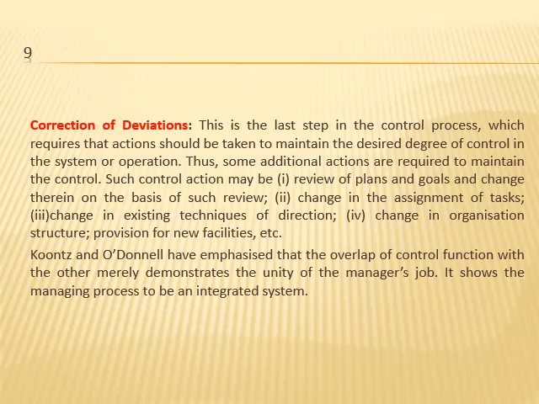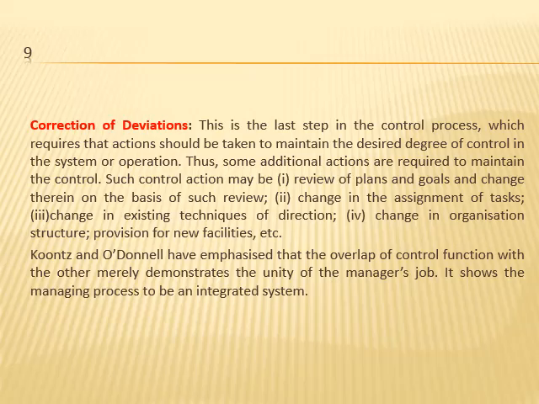Thus, some additional actions are required to maintain the control. Such control action may be: 1. Review of plans and goals and change therein on the basis of such review. 2. Change in the assignment of tasks. 3.